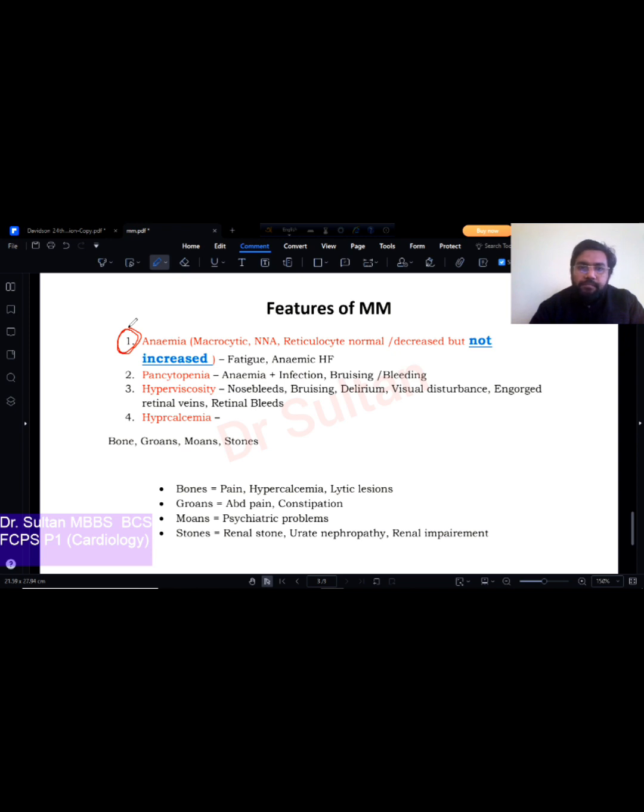Okay, the anemia can also be macrocytic type in case of multiple myeloma. There can be pancytopenia. All three series of cells can be reduced. Okay, so in pancytopenia, there is anemia, leukopenia, as well as thrombocytopenia.